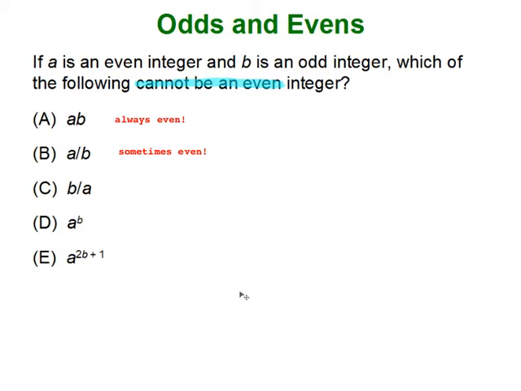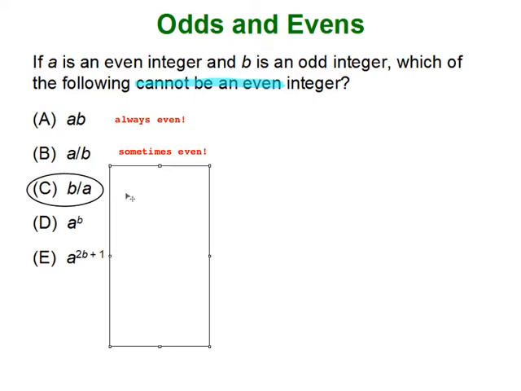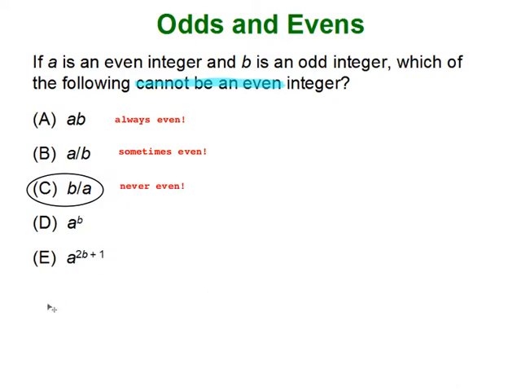With B over A, odd divided by even, you could think 3 over 2, not an integer. 11 over 5, not an integer. 25 over 4, not an integer. And you would be correct. You can never divide an odd number by an even and arrive at an even solution.